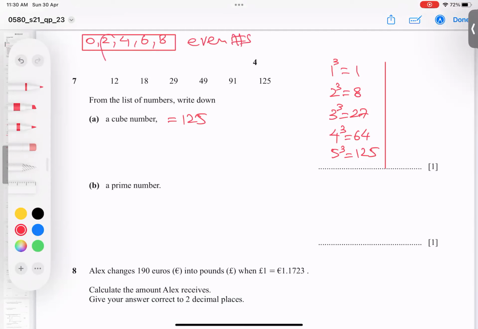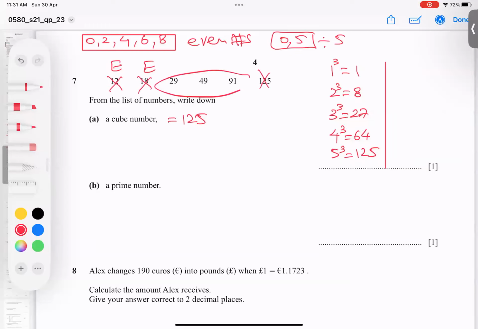So ending with 2 is an even number, ending with 8 is an even number. And numbers ending with 0 and 5 are divisible by 5, so 5 is a factor, so it is also not a prime. So even numbers gone, no prime number.